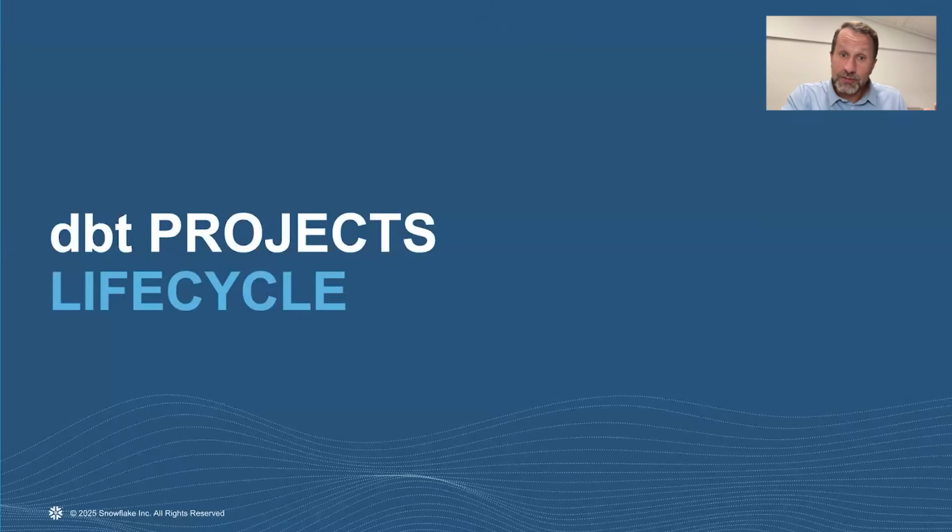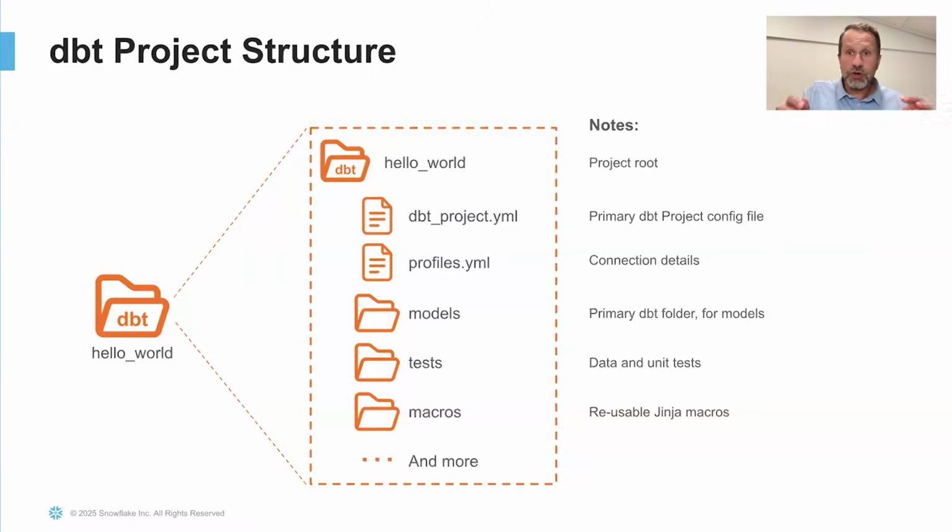All right, so we're going to spend the bulk of the time here in the project lifecycle. As I go through some slides, I'm going to do a mix of slides and demo. You're going to see this little folder icon with the letters DBT in it. And I just want to, here at the beginning, tell you what that stands for. So this folder is going to represent a DBT Core project. It's going to be a folder of files.